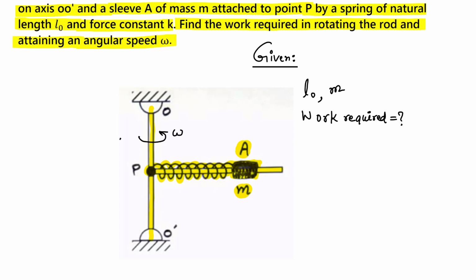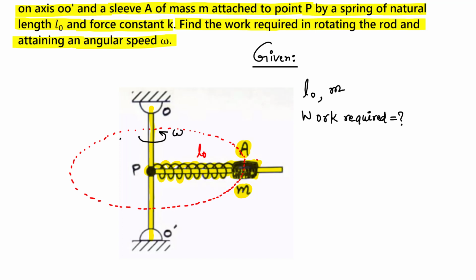Now how will you do this problem? First, this sleeve is moving in a circle. This will be the circle in which the sleeve is moving. What will be the radius of this circle? It cannot be L0. The initial length of this spring was L0, the natural length.